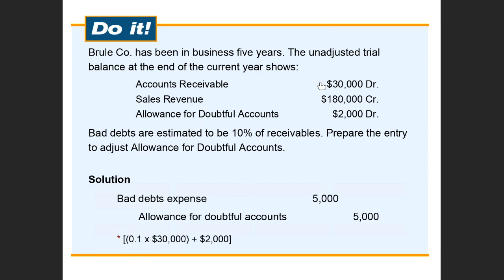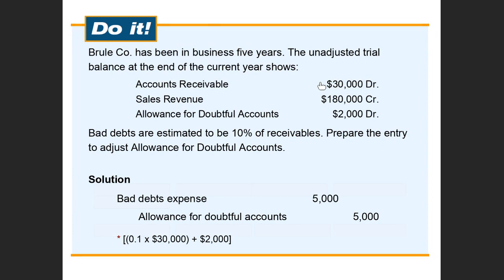But look at what the author has done. What is the balance of allowance for doubtful accounts? 2,000 debit, right? I don't know why they did that, but this is the balance showing here. It can happen in real life. But I don't understand why this example is not at the elementary level when you're just trying to learn.